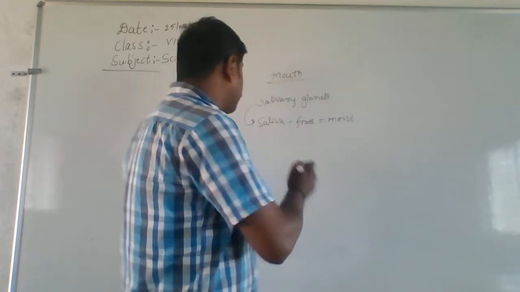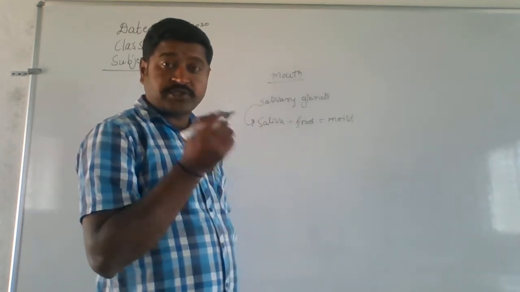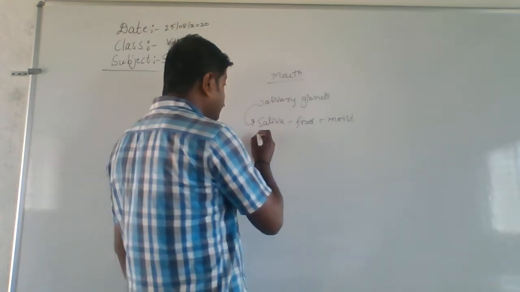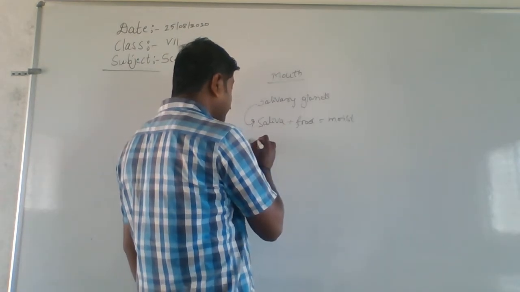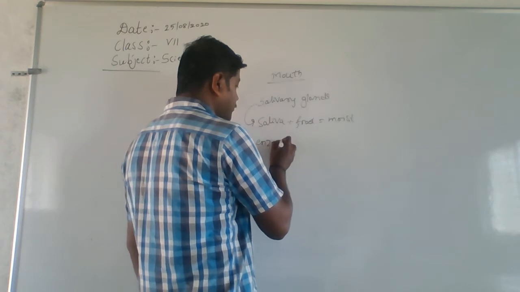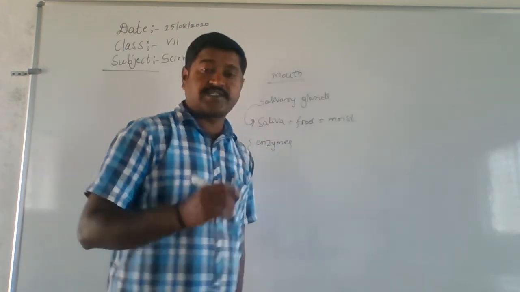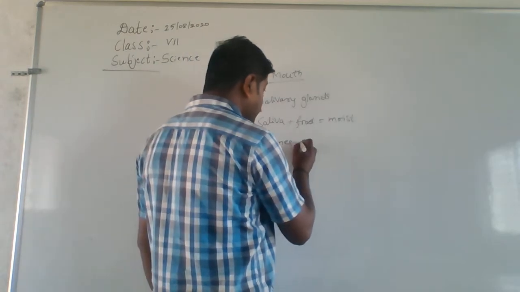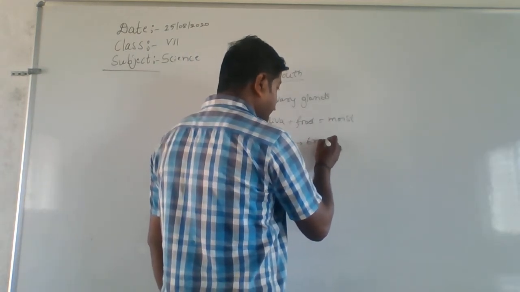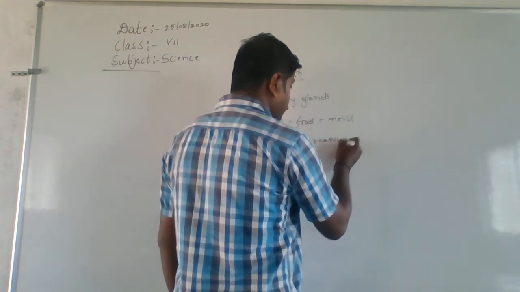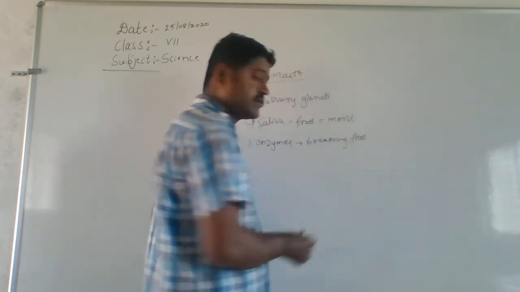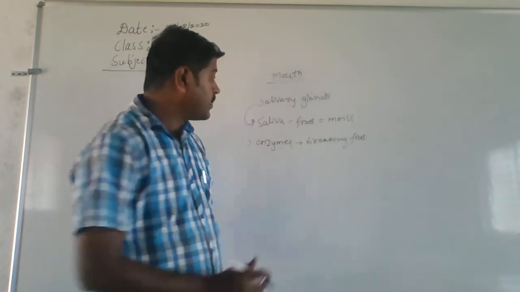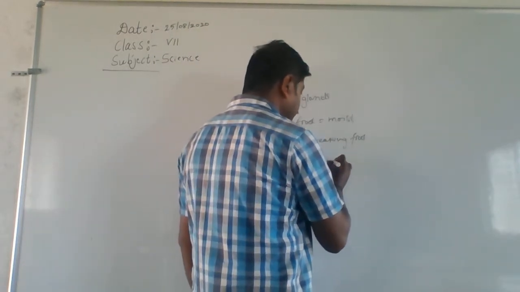Apart from that, this saliva has enzymes in it. We call them digestive enzymes. What those digestive enzymes are doing is breaking down the food and converting it to sugar.